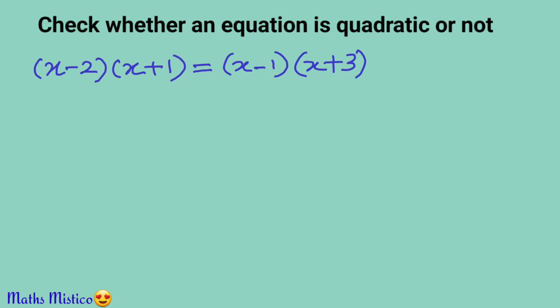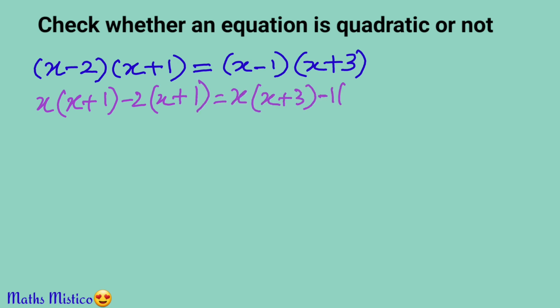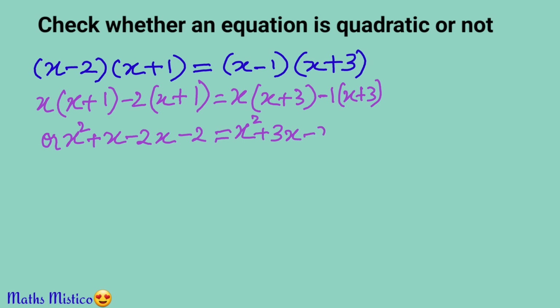Now solve this one. We will first open the brackets. So we get x into second bracket minus 2 into second bracket equal to x into second bracket minus 1 into second bracket. Multiplying further, we get these terms. As x square is added on both the sides, we can cancel.